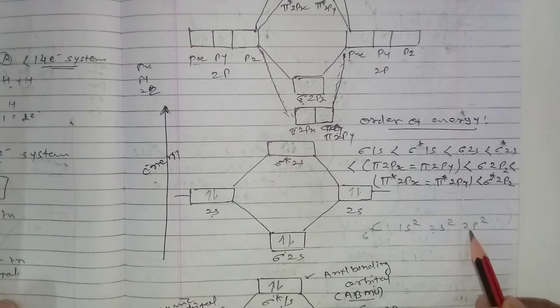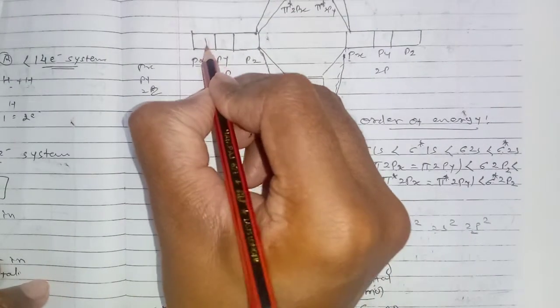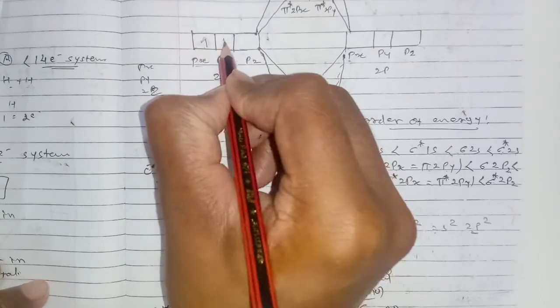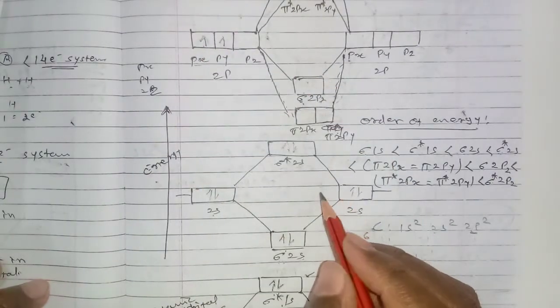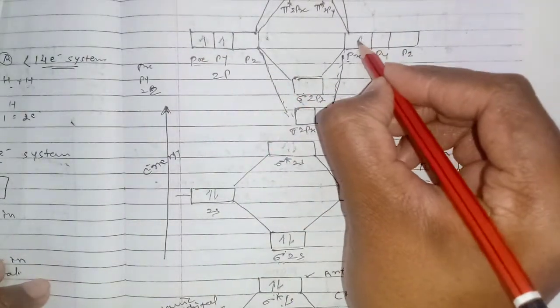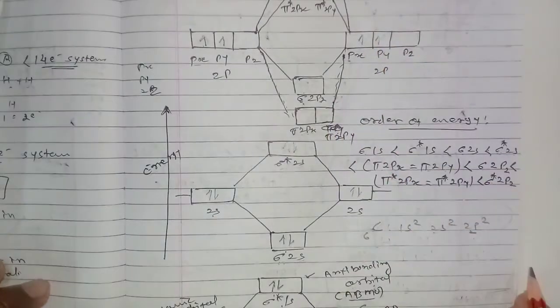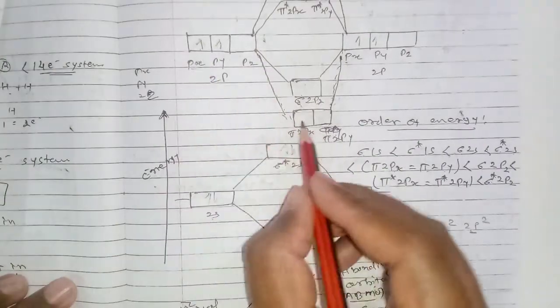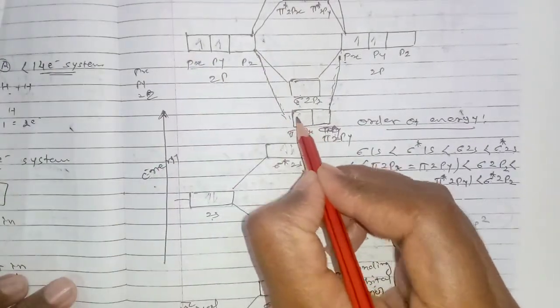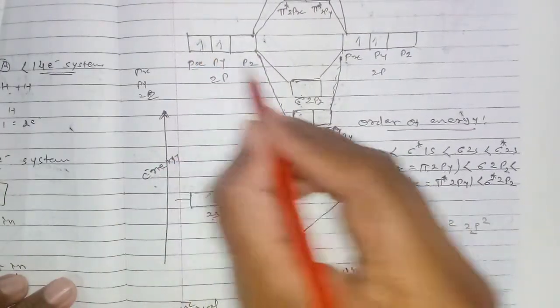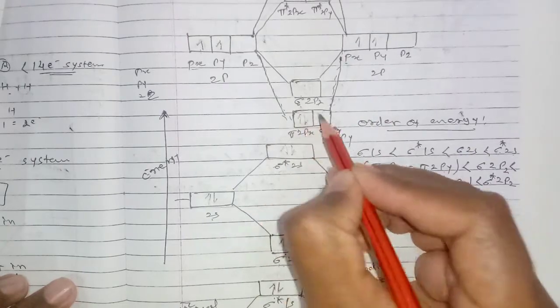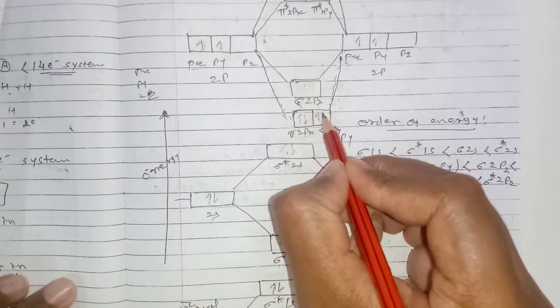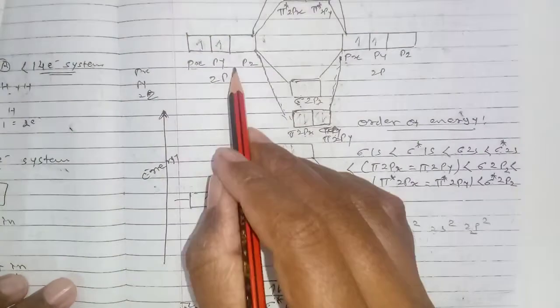Now the 2 electrons in the 2p orbital, 1 electron in px, and 1 electron in py.